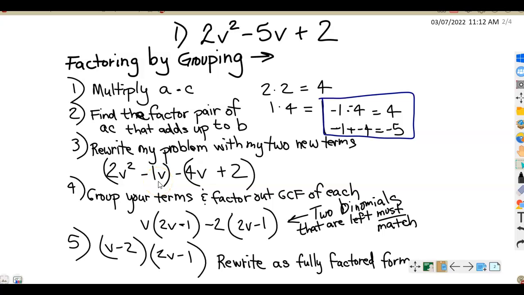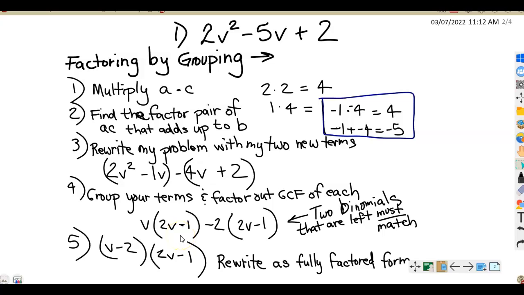Well, the only thing I can divide evenly out of that is v. This binomial, I've got 4v plus 2, minus 4v plus 2. Well, I have to factor out a negative. The number I can factor out is -2. So I did that, okay?